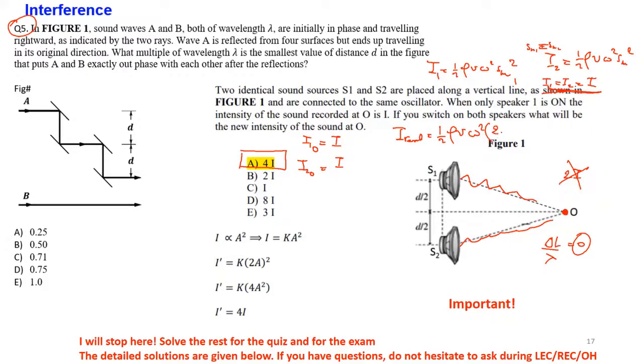The resultant amplitude will be 2 times Sm cosine phi divided by 2, squared, of course.